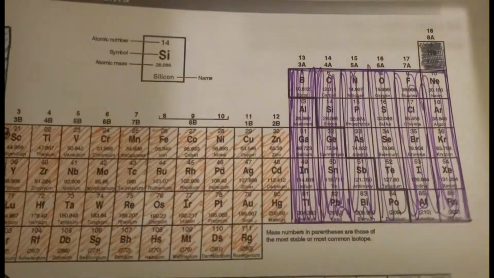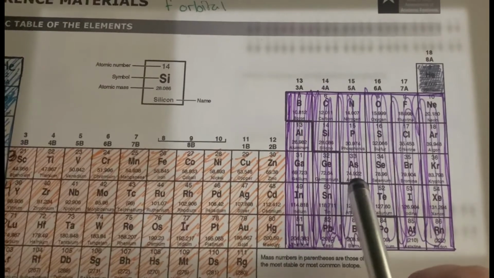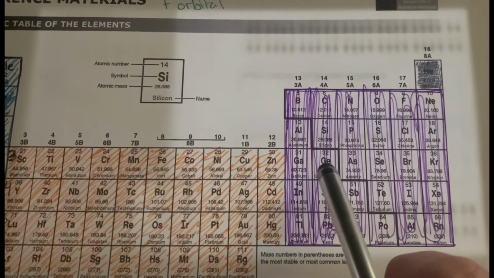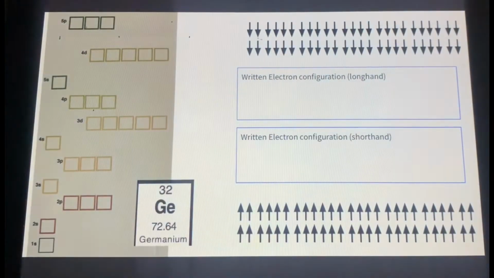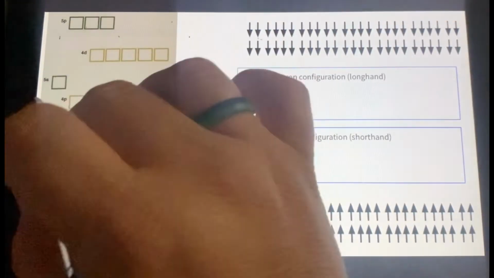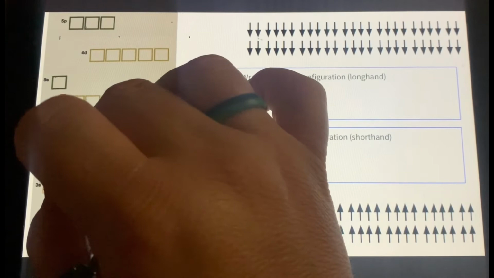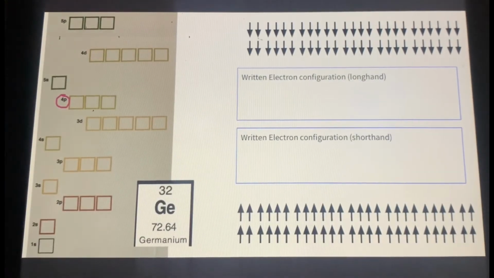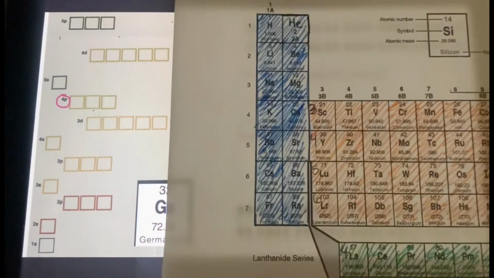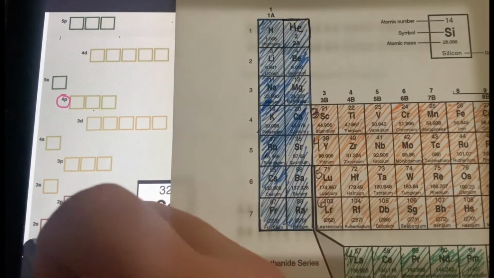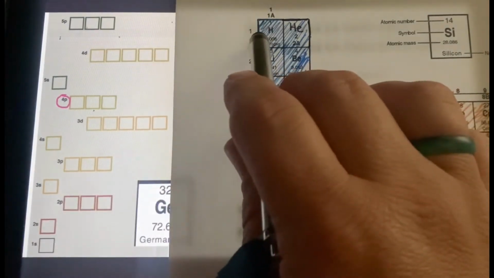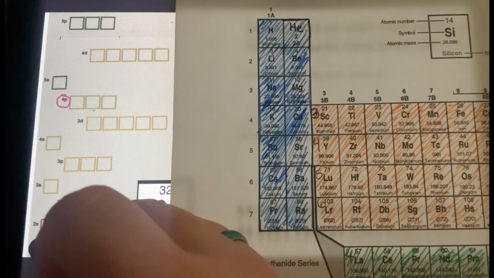Germanium. So germanium is right here. Row 4, P2. So this is where I'm shooting for right here. Okay? I'm going to fill this one a little bit differently just so that you can see the rules in place. So I've got to get here, but I've got to start here first. So I've got to go through row 1, hydrogen and helium.